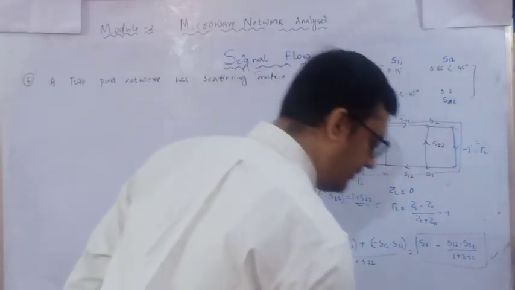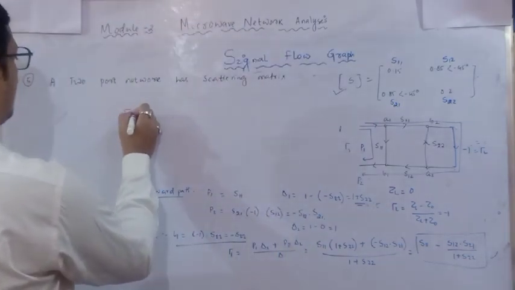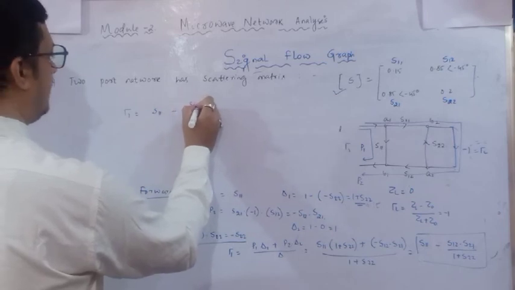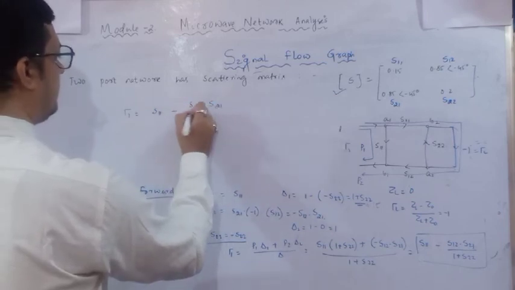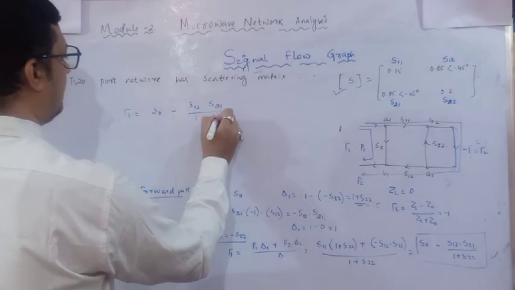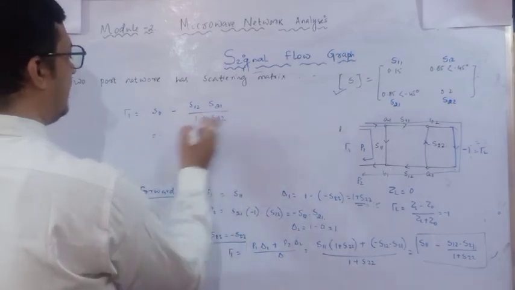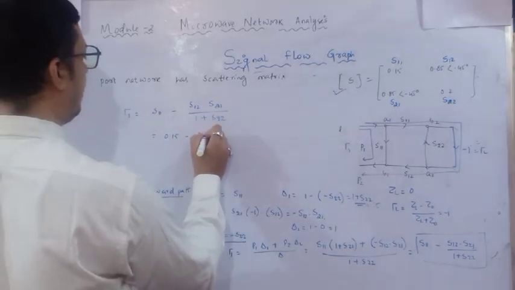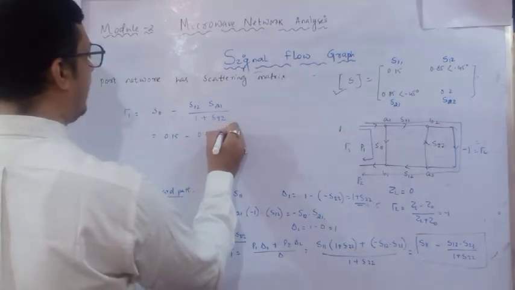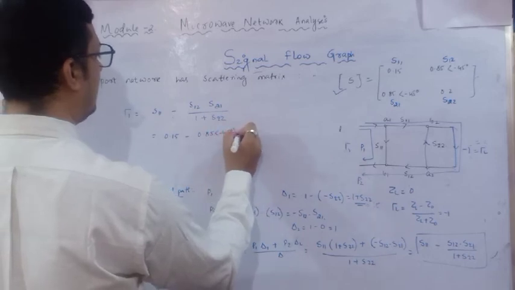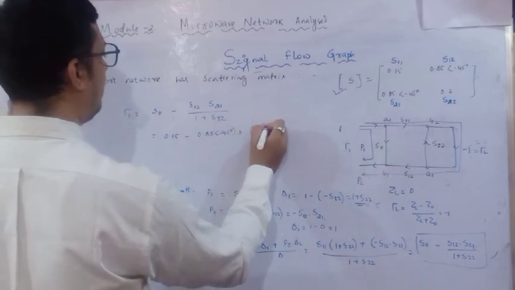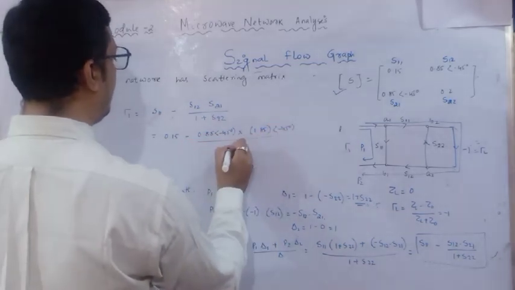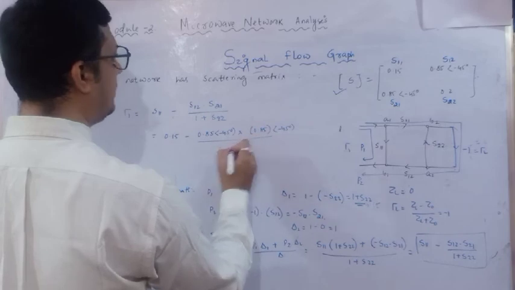So let me write. Eta 1 we have identified as S11 minus S12 S21 divided by 1 plus S22. S11 is 0.15. S12 is 0.85 angle minus 45 degrees, S21 is 0.85 angle minus 45 degrees, divided by 1 plus S22, which is 0.2.